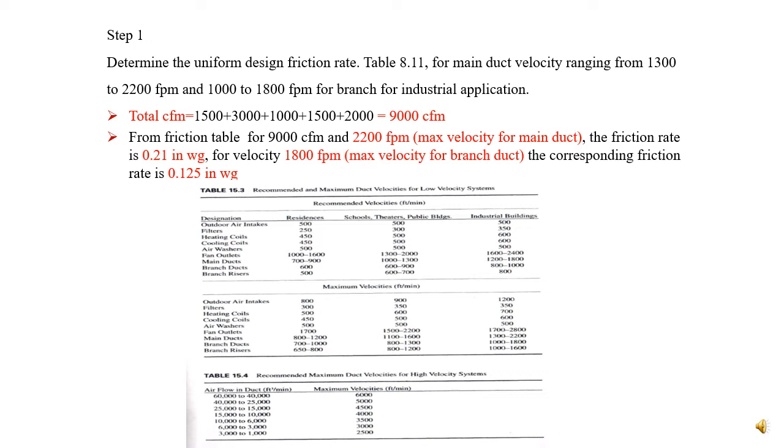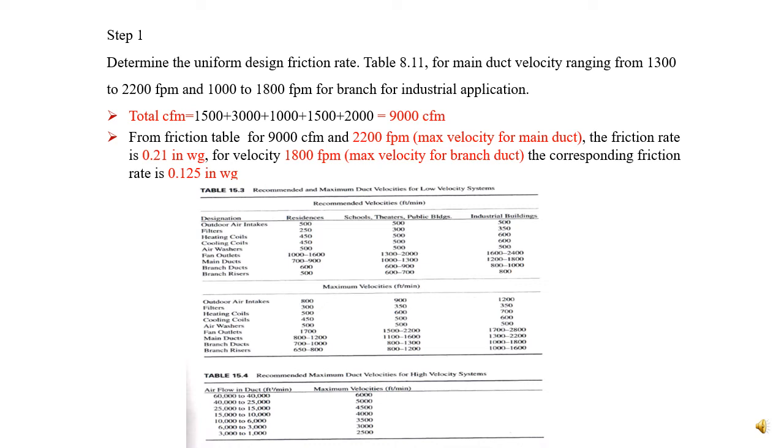And if you check from the friction table for 9,000 CFM, you also cross-check the main duct.